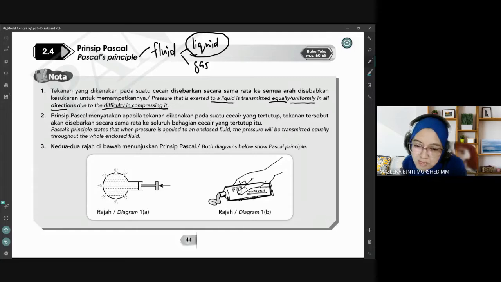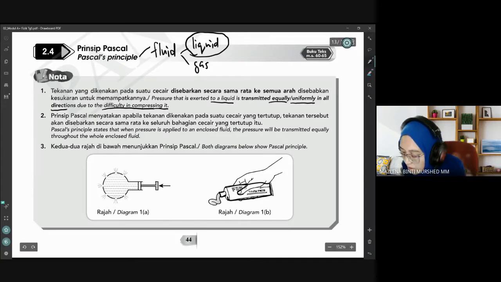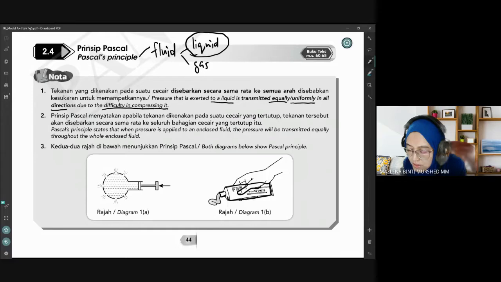Fluid ni sebenarnya susah dimampatkan. So when we give pressure to the tube of ubat gigi ni, the fluid inside the tube will experience the same amount of pressure, dia akan distribute equally in all direction.